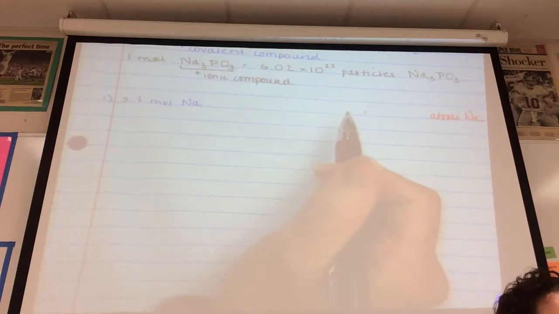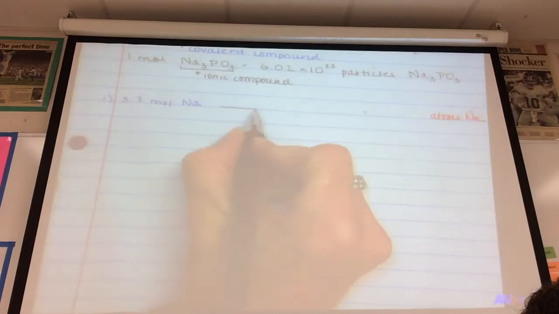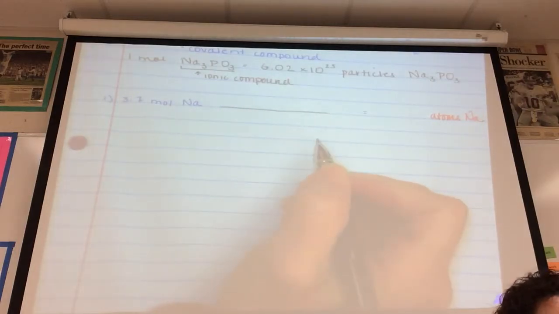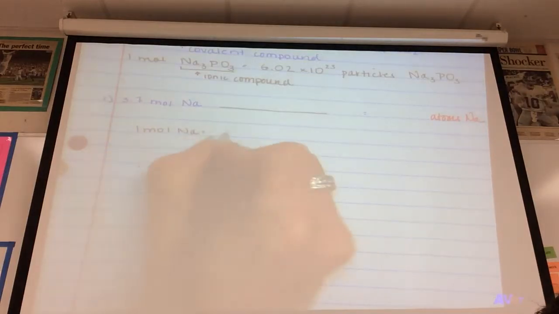If you're ever given moles or asked for moles, it will be a one-step problem for this type of setup. So you're given moles, it's going to be a one-step problem. I know that 1 mole of anything is equal to Avogadro's constant.